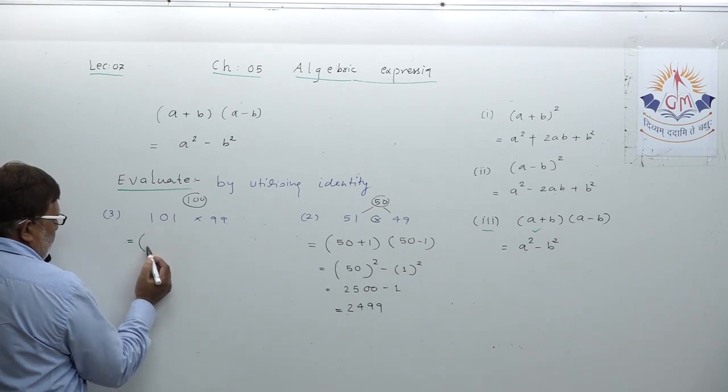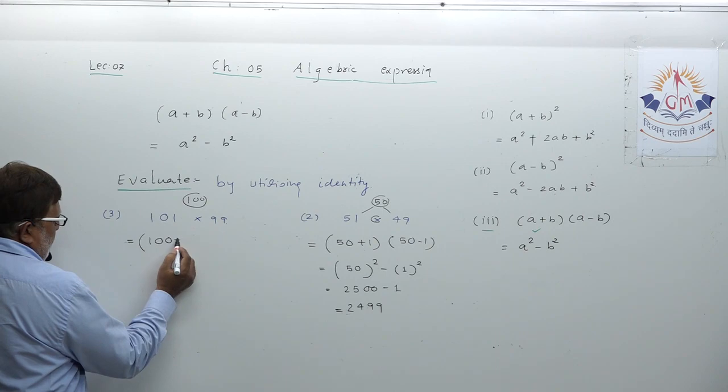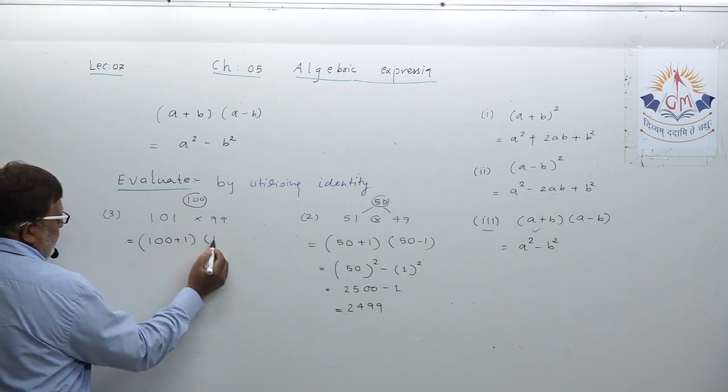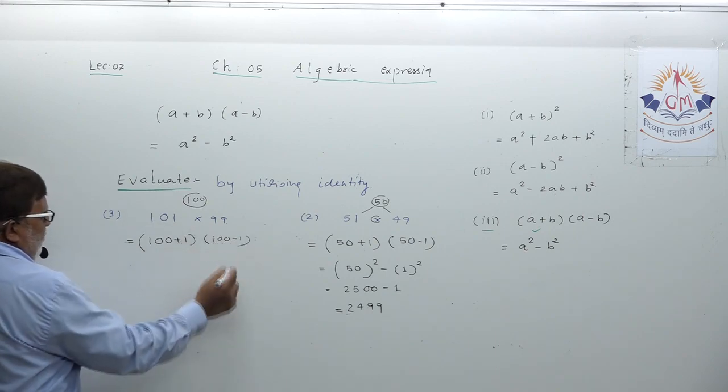So instead of 101 you will write 100 plus 1, and 100 minus 1.